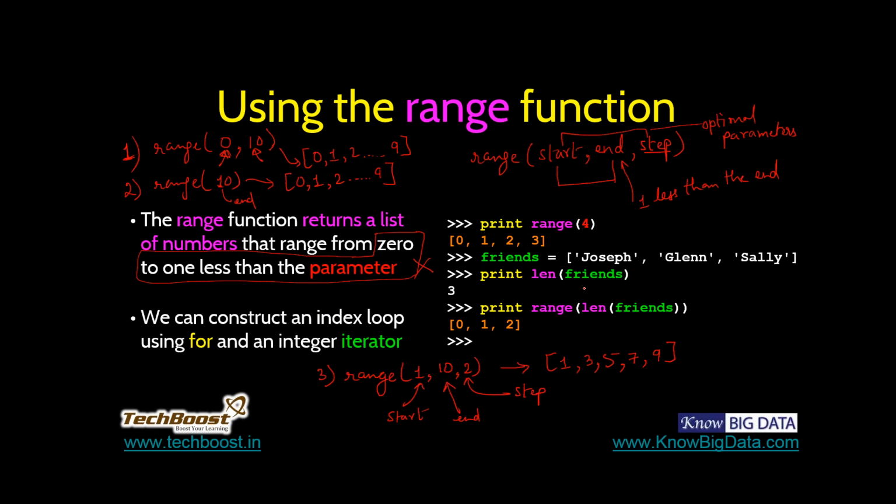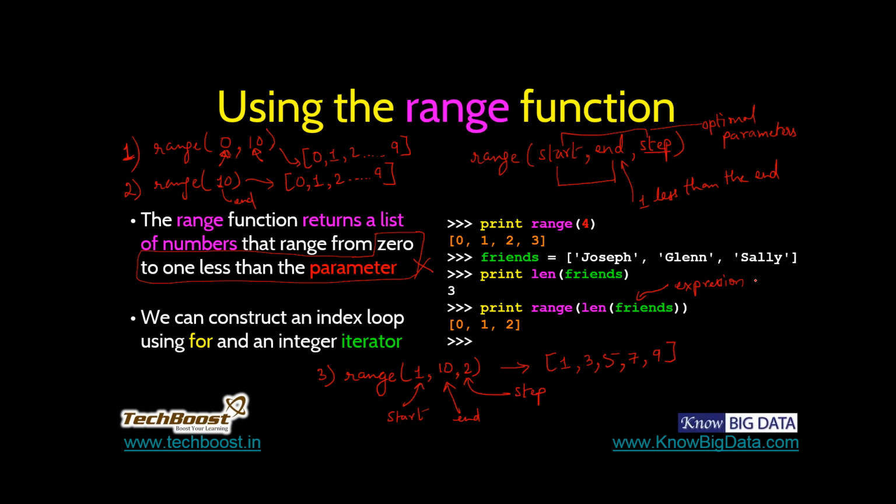As you can see here, the range function can also take an expression. Not only range, in fact any function can take an expression which evaluates to the expected parameter.